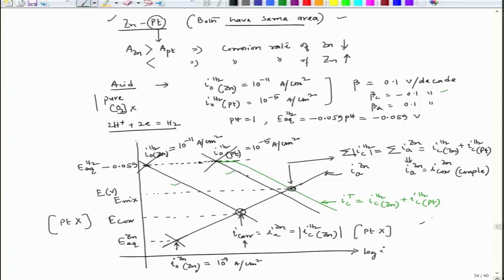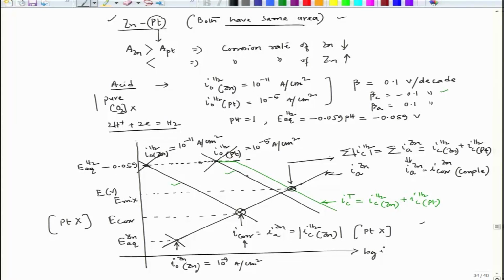So, this particular diagram explains the corrosion event taking place when the exchange current density over the noble component in a galvanic couple is much higher. Exchange current density of the cathodic reaction, of course.